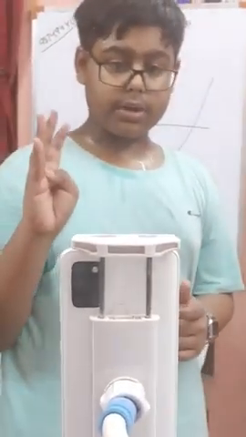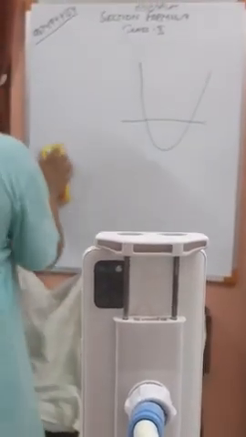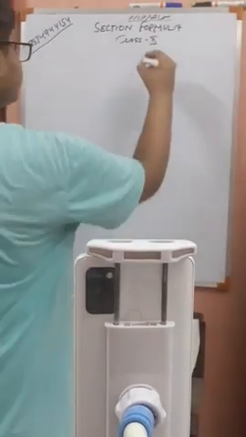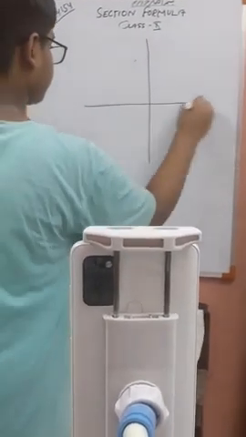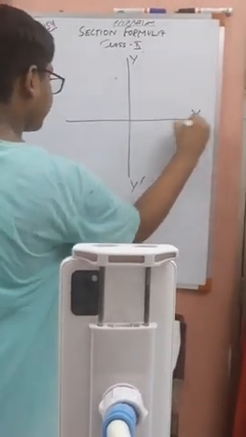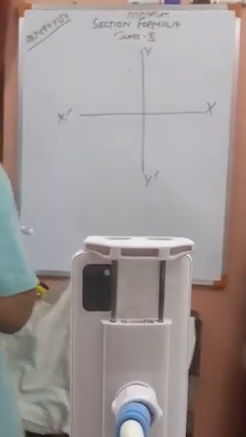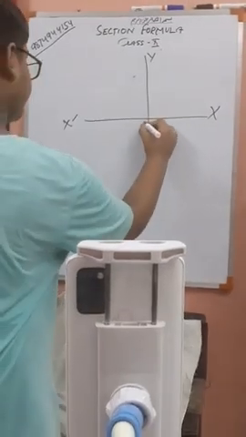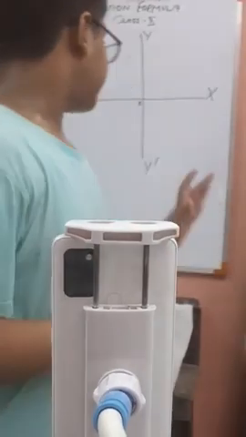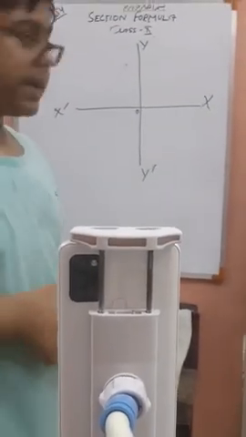It means a 4 quadrant system. This is y, y dash, x, x dash. Now this is the origin. If we have any linear equation, we can map it on this graph.